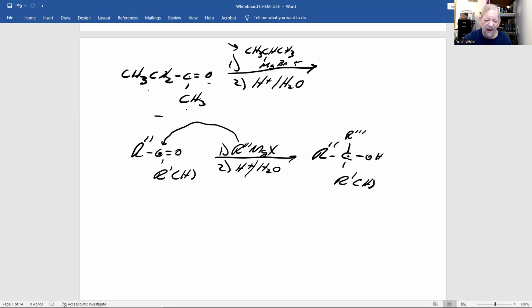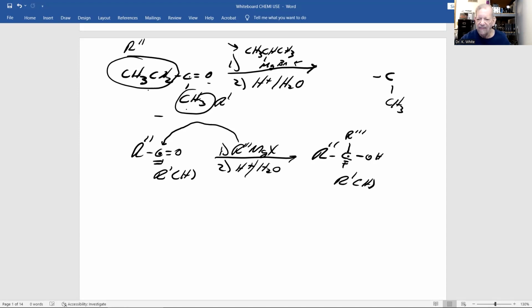Keep your eye on the carbonyl carbon, it becomes this carbon, so I'll write that first. What's our R prime? Methyl. You break carbon-carbon single bonds? No. What's our R double prime? Ethyl.